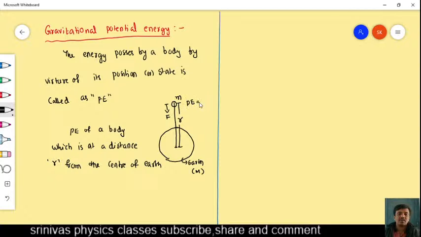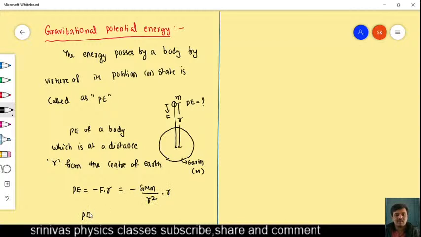I want to know the potential energy of this object. There is a direct derivation. Potential energy is the product of force and distance between the two objects, that is F into r we can write. But F is the gravitational force between these two objects. What is the gravitational force between these two objects? G M1 M2 by r squared, where M1 is capital M, M2 is small m.